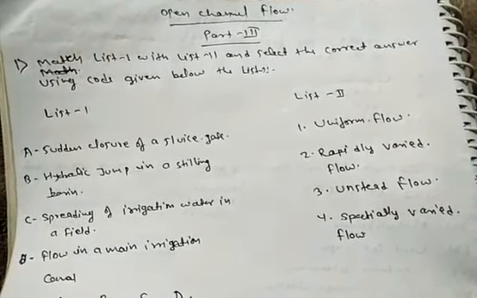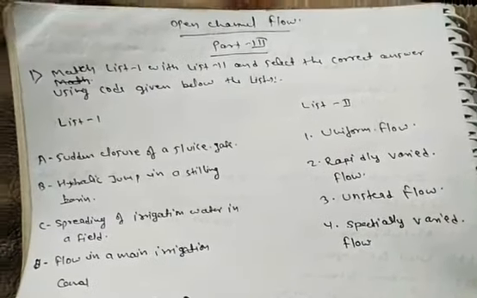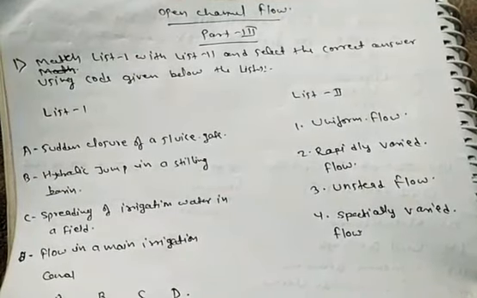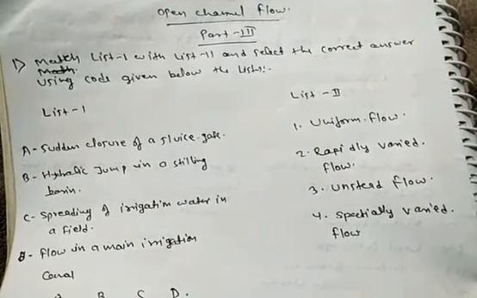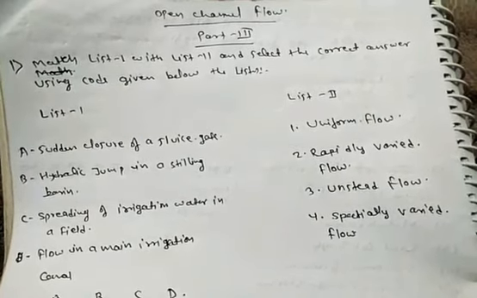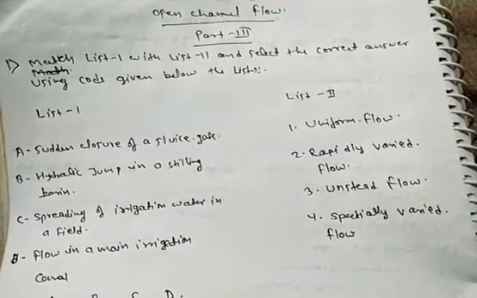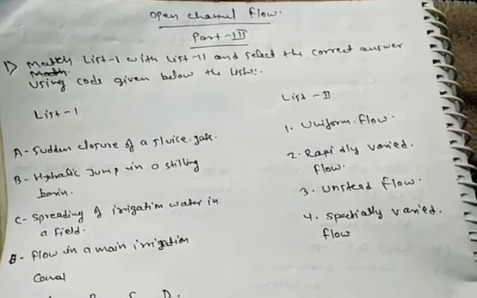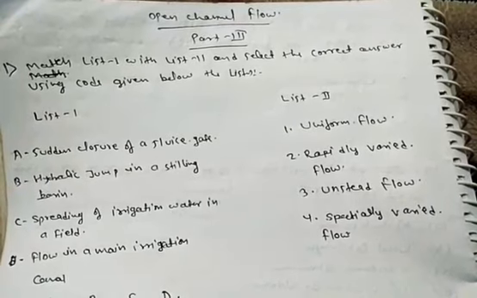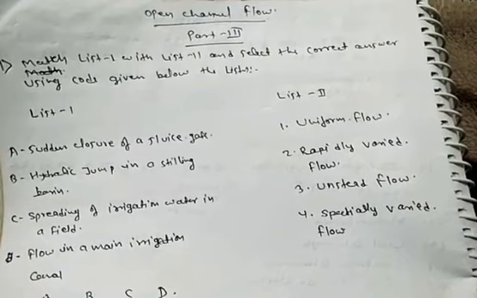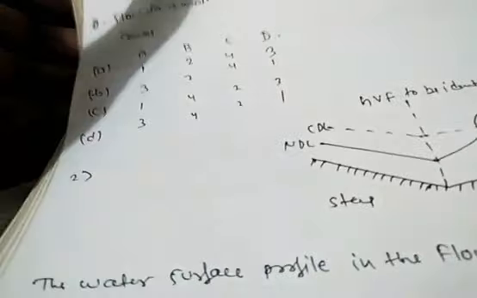Match the following: sudden closure of sluice gate, unsteady flow; hydraulic jump in settling basin, rapid varied flow; spreading of irrigation water in field, spatially varied flow; and the flow in the main irrigation canal, uniform flow. Option B is correct.